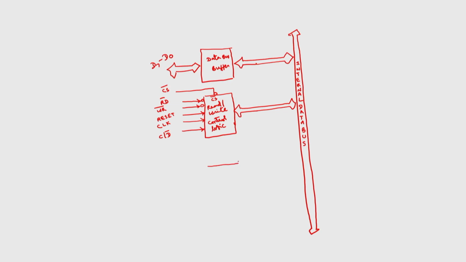Then the other block that I have discussed is modem control. For modem control we have 4 active low signals.